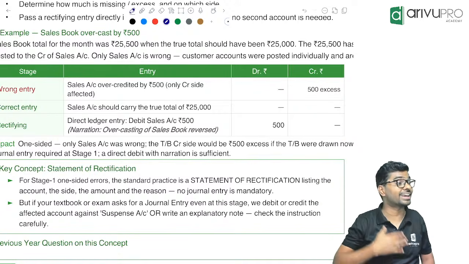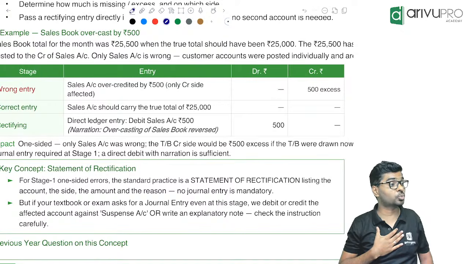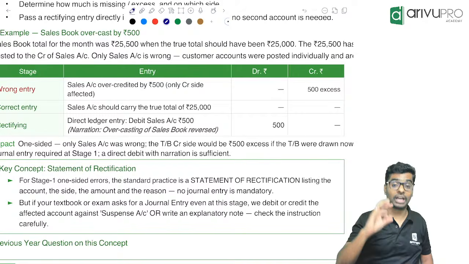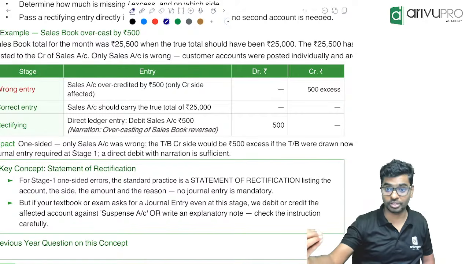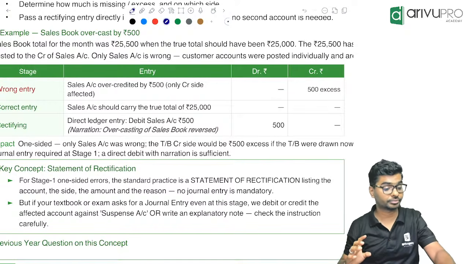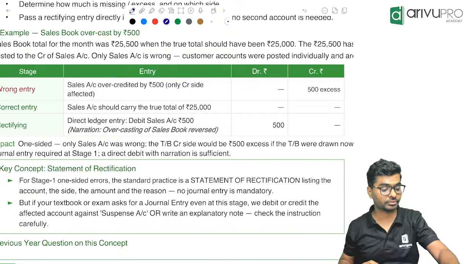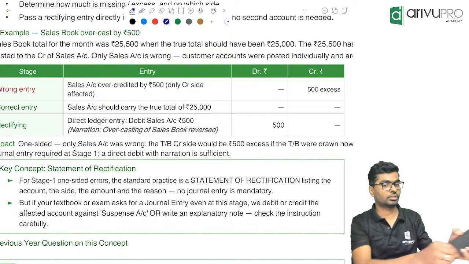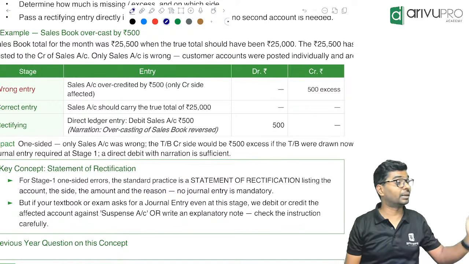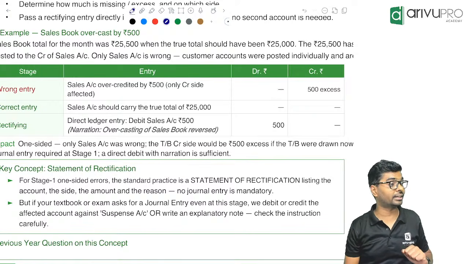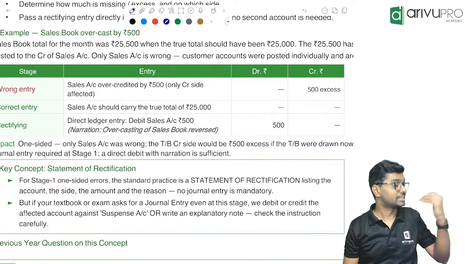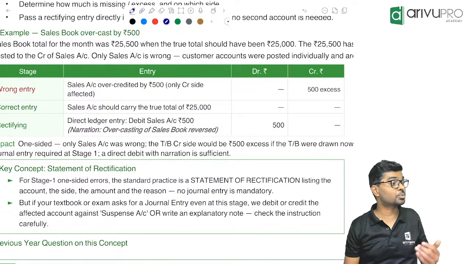I wrote it as 800. Here he wrote it as 500 more. Now, the guys who are in the sales book, did they get the entry right? They got the entry right, but did the sales account get the totaling right? No. So I only have to rectify whose book? Sales book.